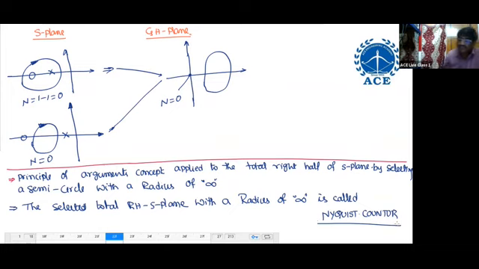Nyquist contour. The selected total right side of the S-plane with the radius of infinity is called the Nyquist contour. I will draw the Nyquist contour.